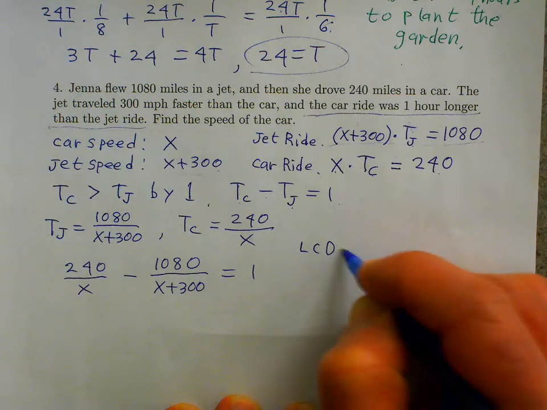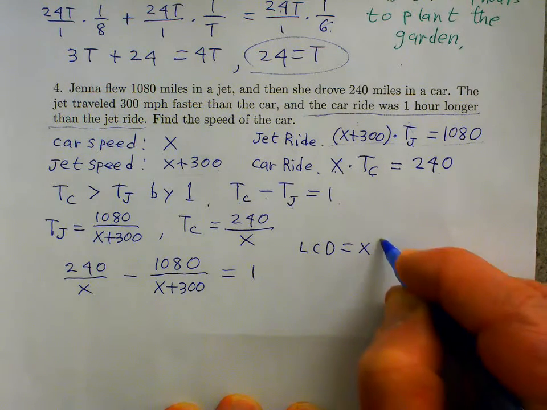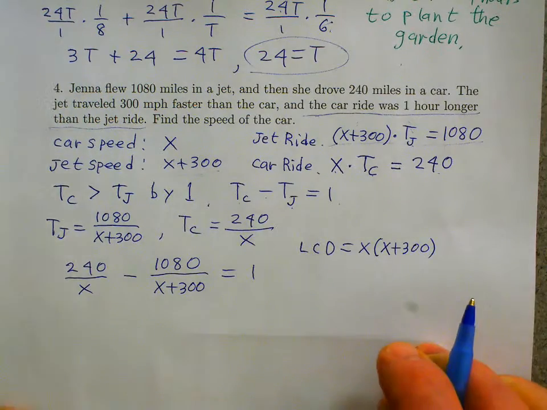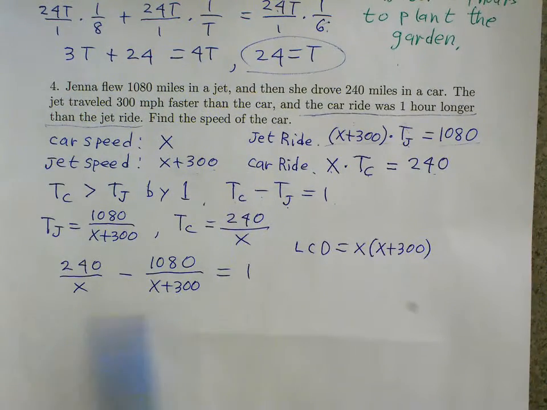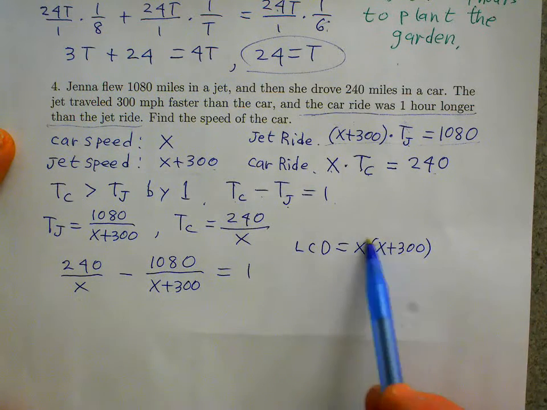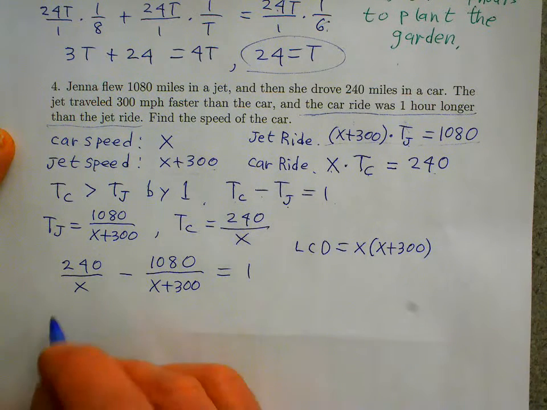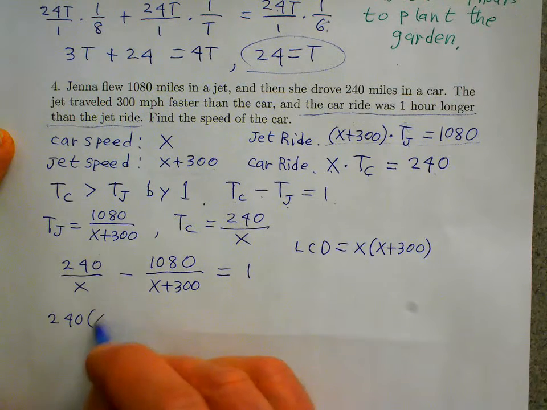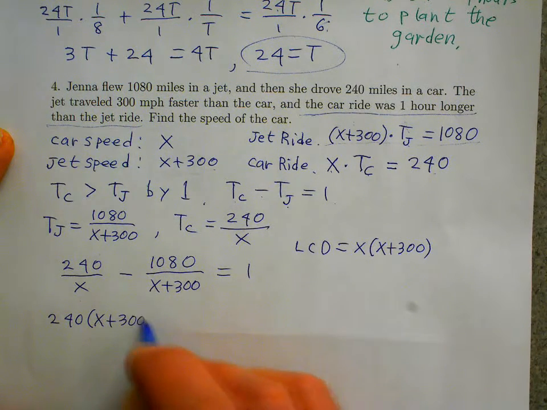So the least common denominator is x times the binomial x plus 300. We multiply every term on both sides by the least common denominator. When we multiply the least common denominator by 240 over x, the x's cancel, so we get 240 times x plus 300.